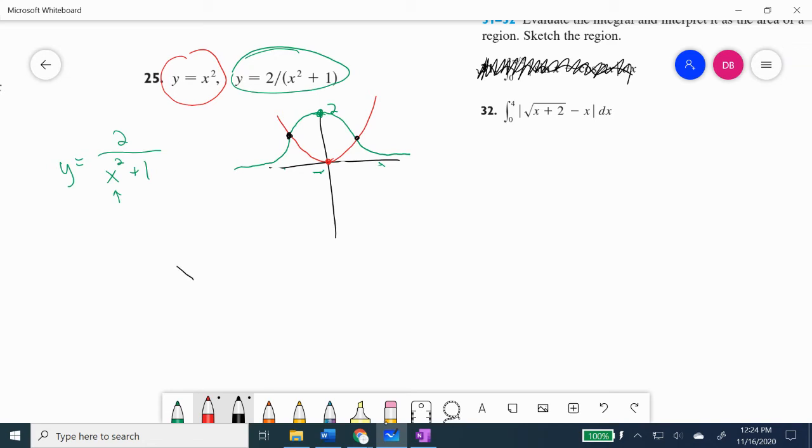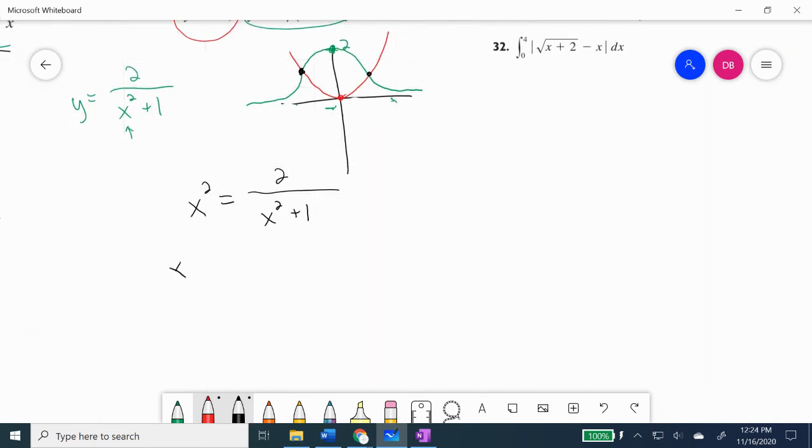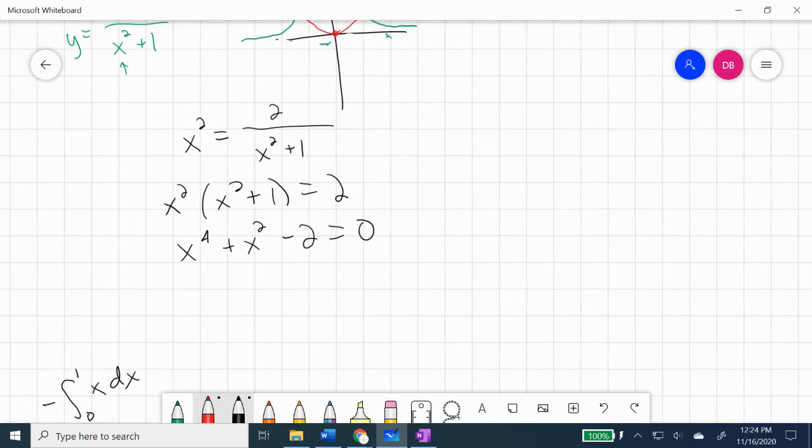So I set them equal to each other. x squared is equal to 2 divided by x squared plus 1, and I solve this equation. I multiply the denominator over to the right. That gives me x to the 4th plus x squared, and then subtract the 2 to get 0.